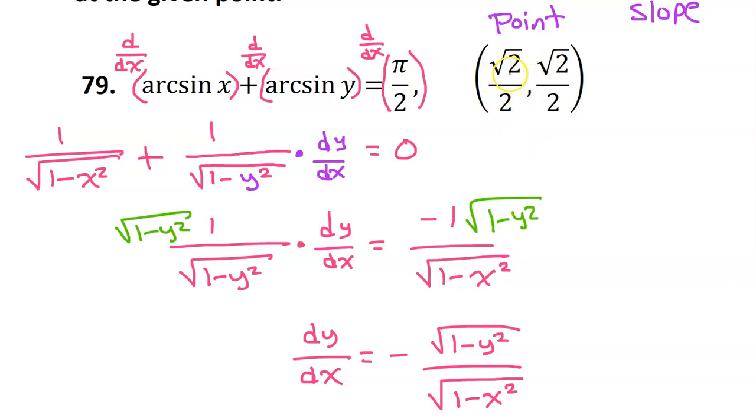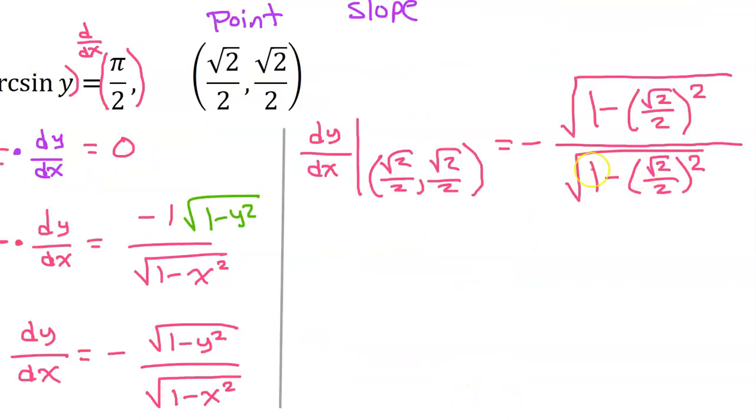All we have to do is substitute x and y into this equation. This actually works out very nicely because the x value and the y value are the same number. When you plug those in for x and y, it makes the numerator and denominator identical. So this is actually just -1. So this is the slope.